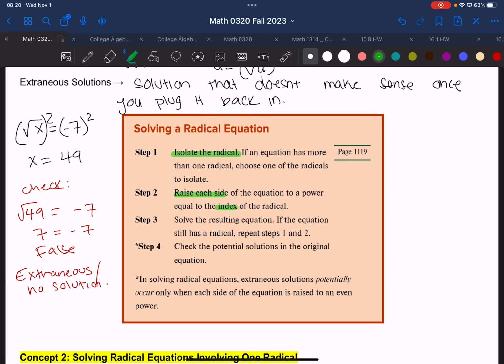Step 3 says solve the resulting equation. If the equation still has a radical, repeat steps 1 and 2 until we no longer have radicals. Okay, so just solve the equation. And then lastly, step 4 is to check the potential solutions in the original equation. Remember, we do this because we want to make sure that the solutions we get are only true statements.